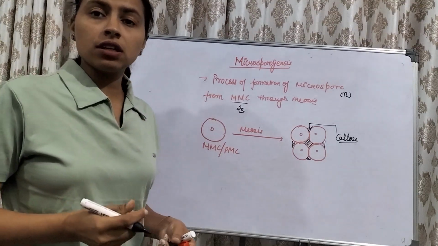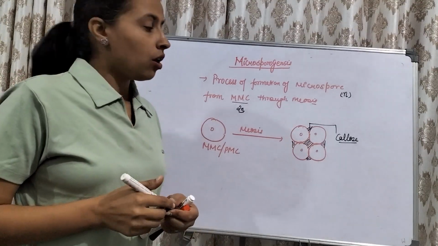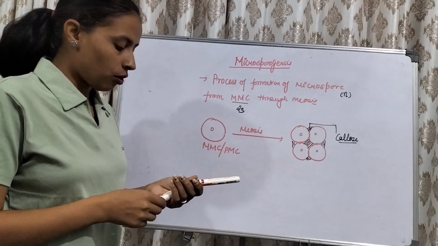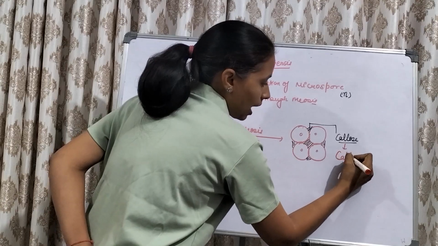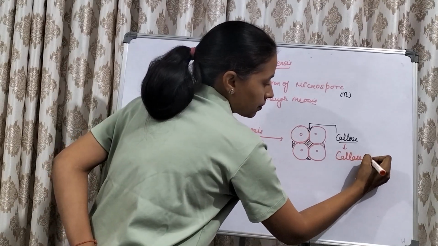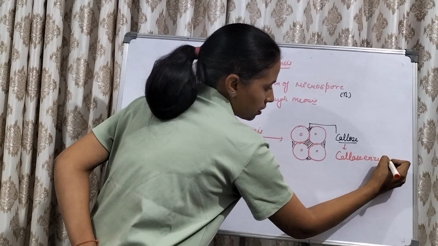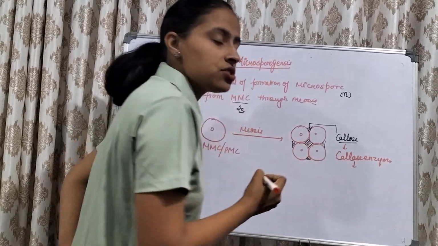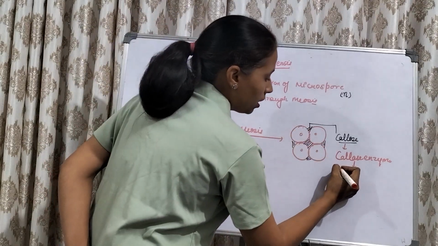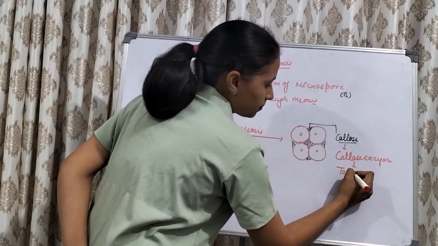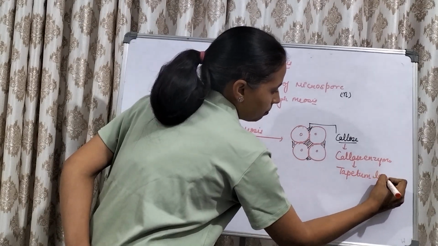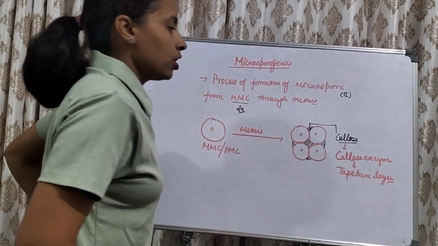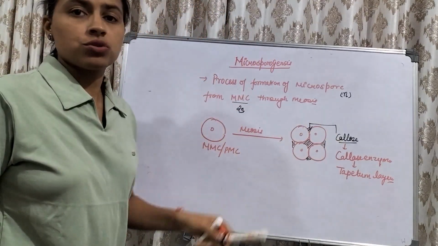When the anther is dehydrated or dehiscence is performed, the callose is digested by callase enzyme. This enzyme is secreted by the tapetum layer, which digests callose.